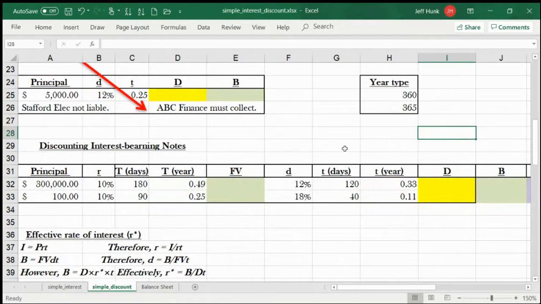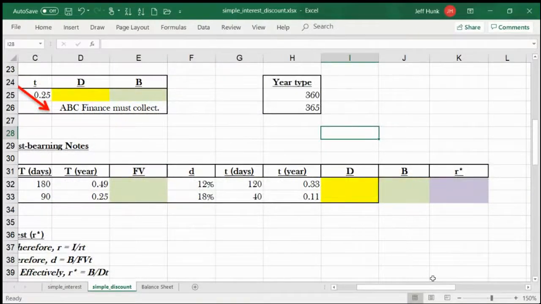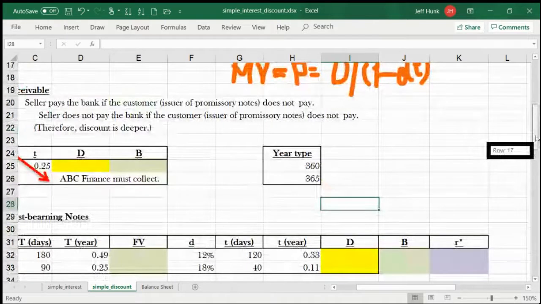Now, I've been telling you all along, simple discount is also called bank discount, right? And it is a procedure or process to negotiate the sale of the promissory notes. You normally negotiate with the bank, but actually it's not the bank.